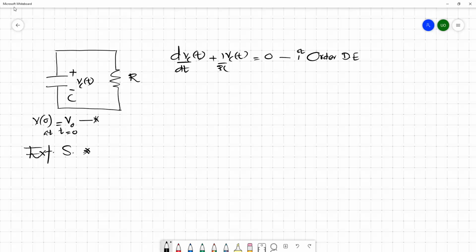See, we have the first order derivative, and this is the zeroth order derivative. If you have the first order derivative as its maximum order, this becomes a first order circuit. So if you can characterize the voltage or current of a circuit using a first order differential equation, then we classify this particular circuit as a first order circuit.